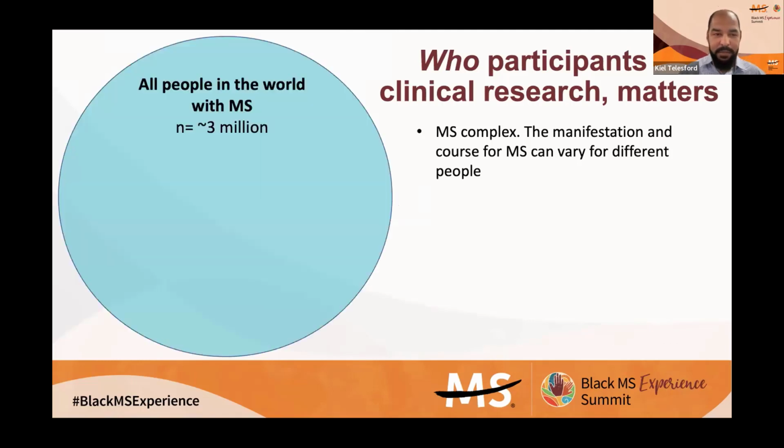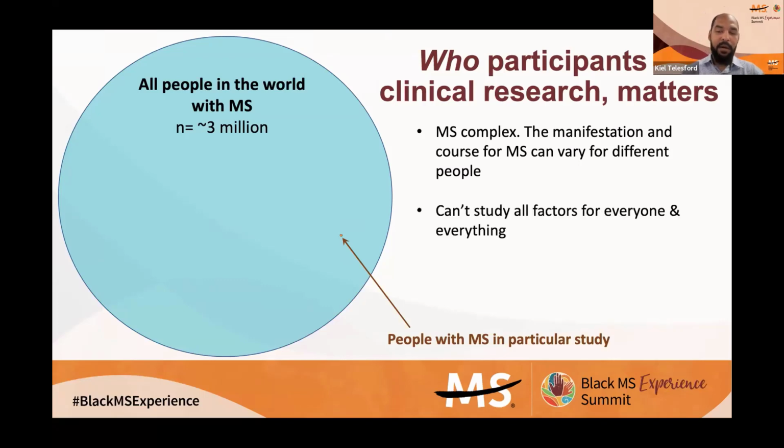This circle represents all of the people in the world with MS, approximately 3 million or so, a range of individuals, lifestyles, and experiences: smokers, non-smokers, men, women, different ethnicities, different countries, different diets, etc. This tiny circle that just popped up on the screen represents the limited number of people in a particular MS study, a very tiny fraction that is not able to capture the full range of what MS truly is and how it truly affects everyone.